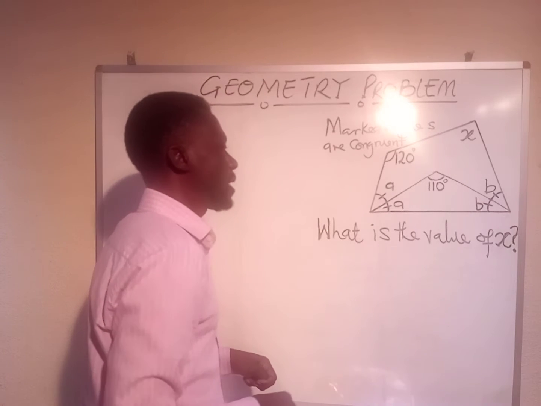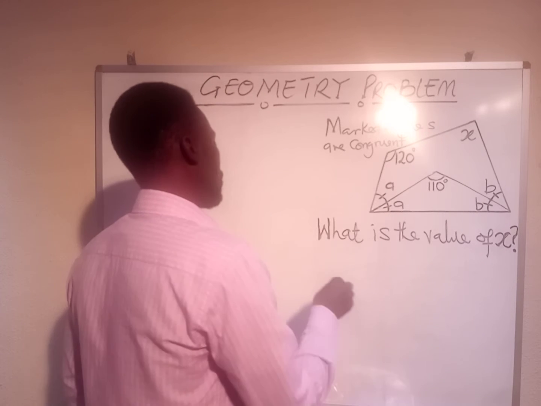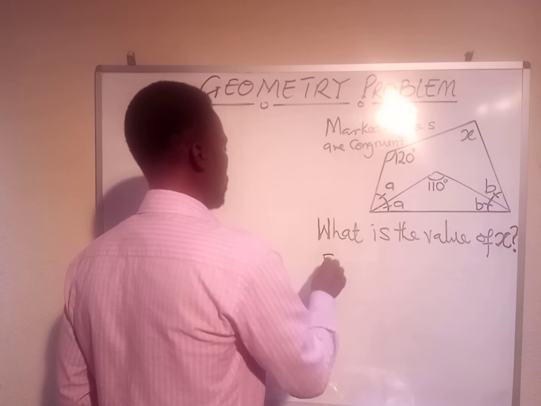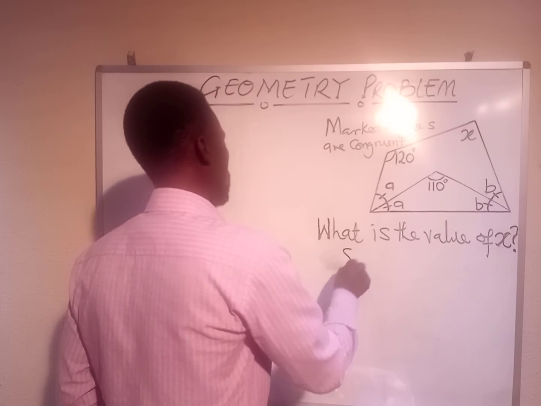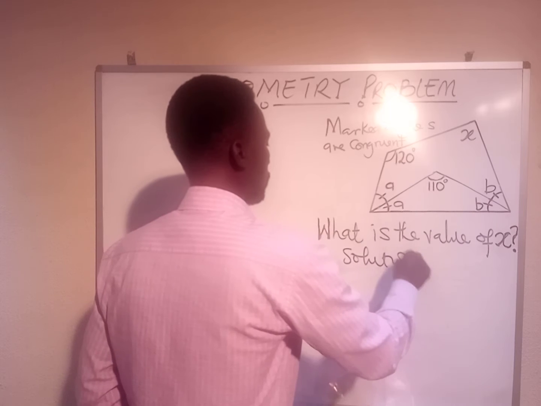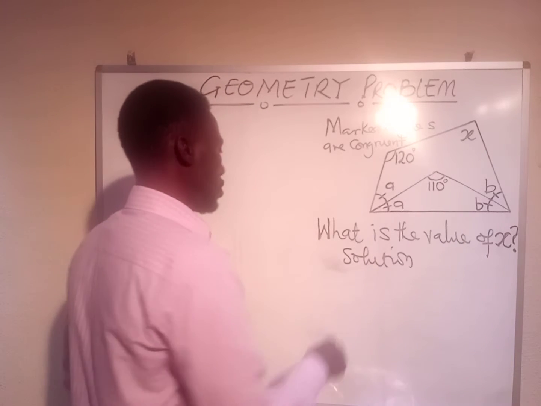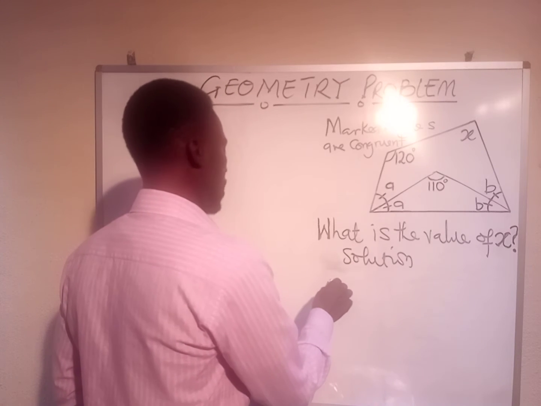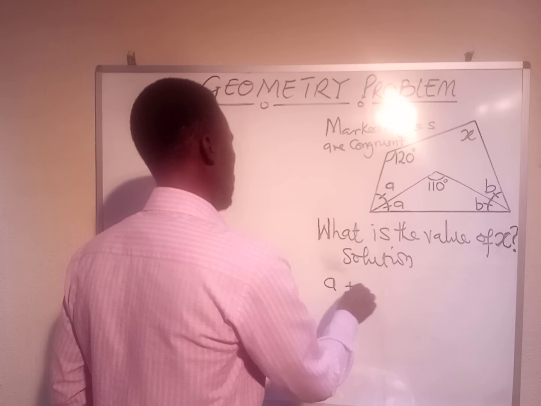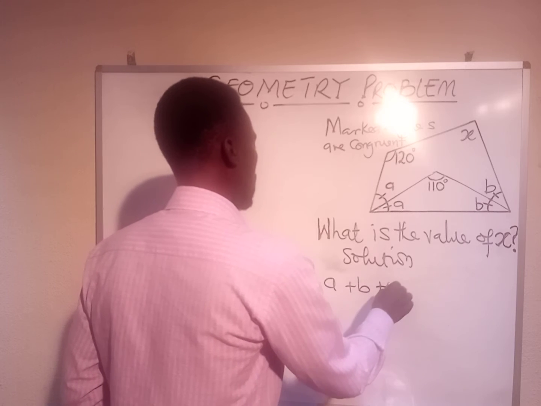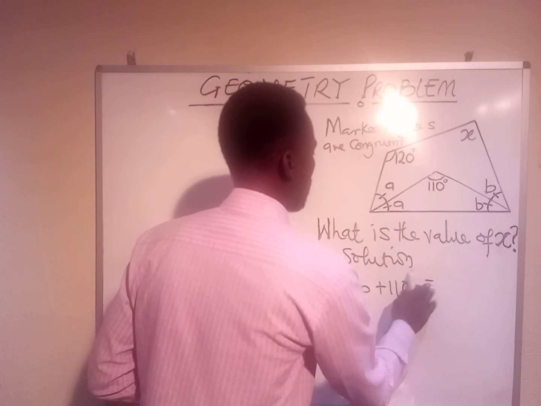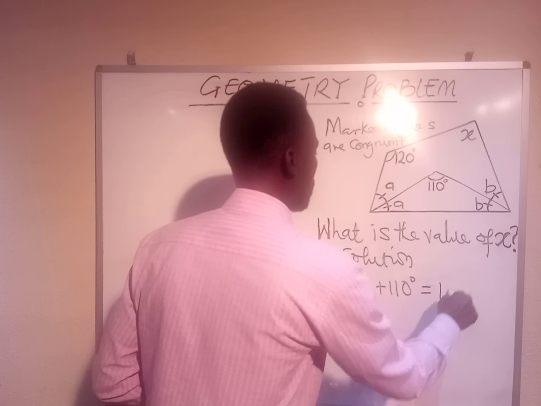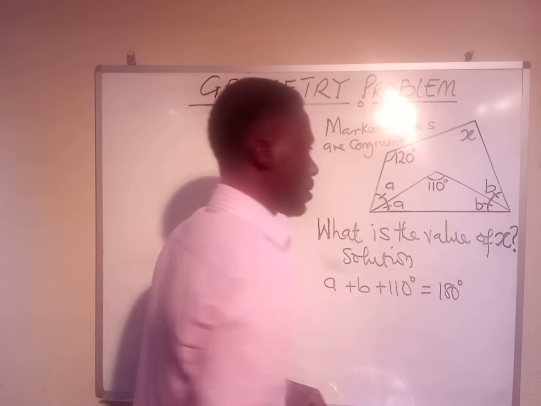So now from the diagram, let's put here solution. From the smaller triangle, we can see that A plus B plus 110 degrees is equal to 180 degrees.